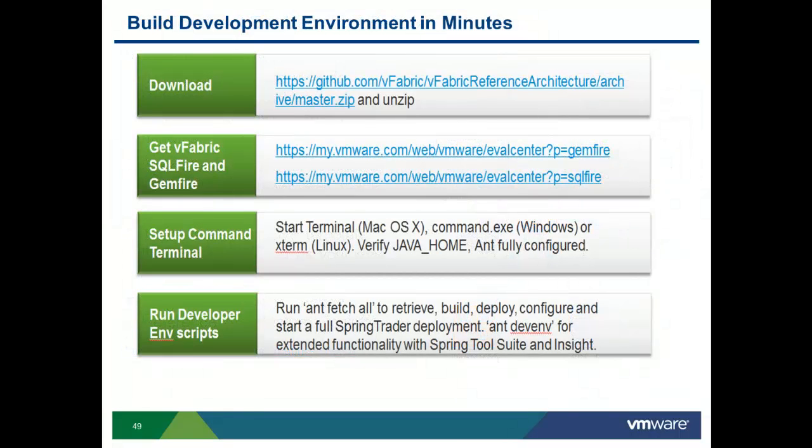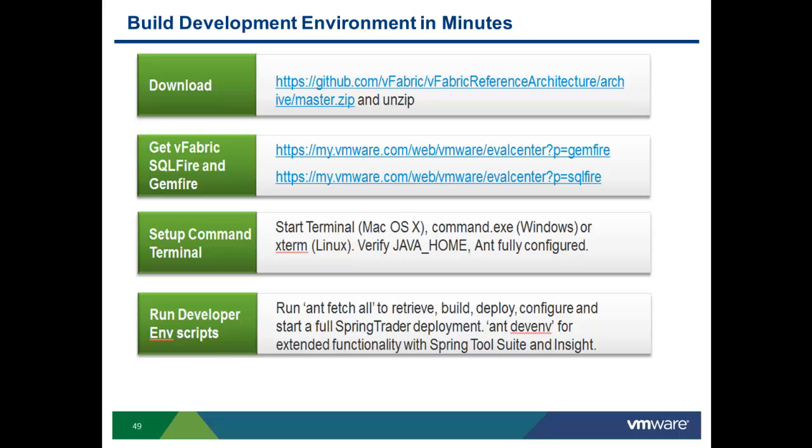But here's a quick summary of the development process. First, you download from GitHub the vFabric Reference Architecture archive. Unzip this and get started. Then you download vFabric SQL Fire and Gemfire from My VMware. Next, you bring up a terminal depending on the OS that you're using.